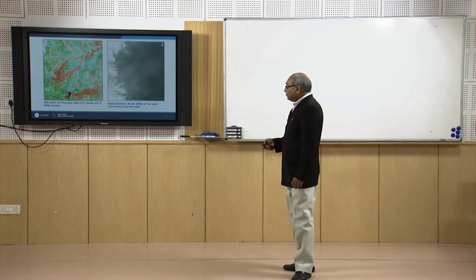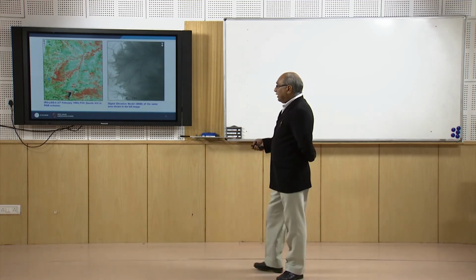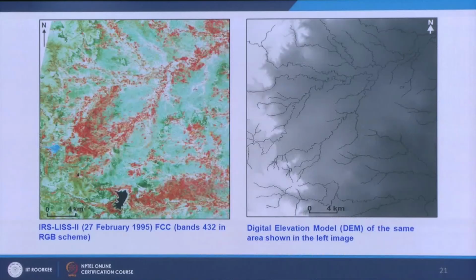Here I am showing that there are water bodies and there is an association of vegetation along with the water bodies in the downstream area.